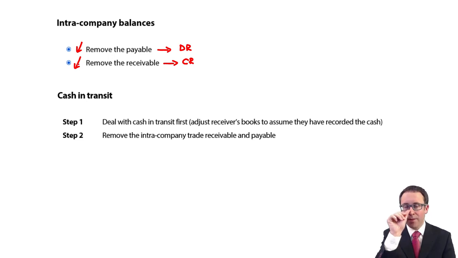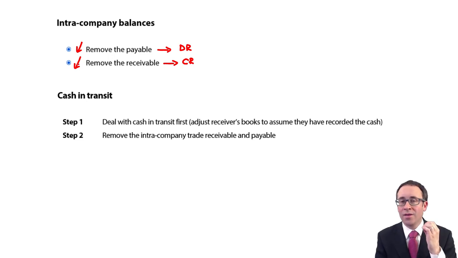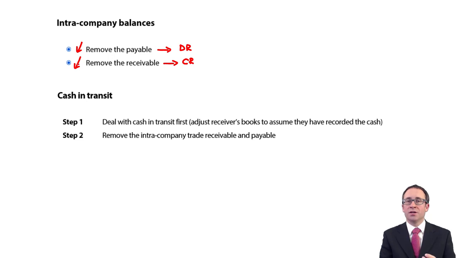So what could happen there is that just prior to the year end, the company that has the liability makes the payment. So they will have credited bank and debited the payable. But the key bit there is that the selling company will not have received the cash. So they haven't yet recorded the cash receipt.